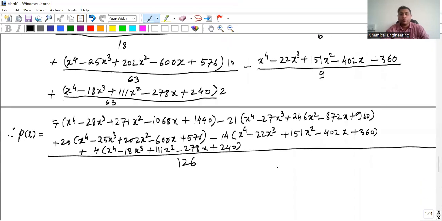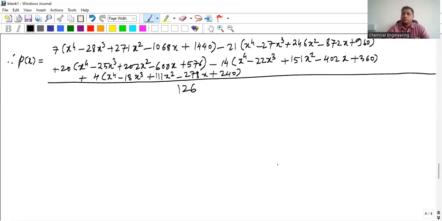Okay, so this is what we have to solve. I want a final polynomial in terms of x raised to 4 and all. So we'll write this as 1 by 126, and here we can have this.